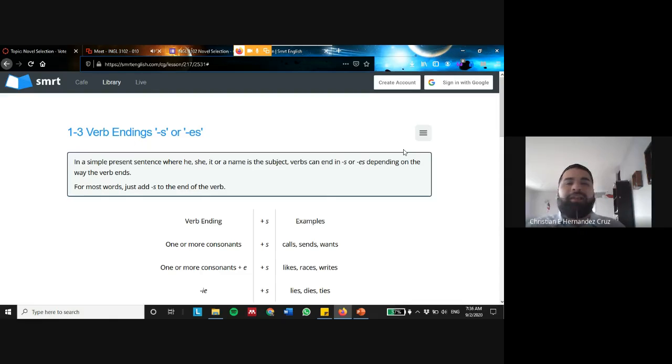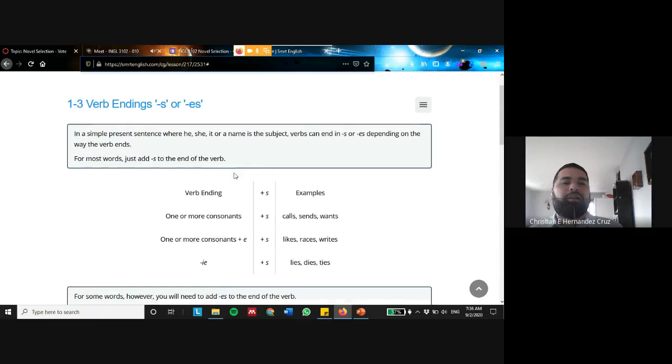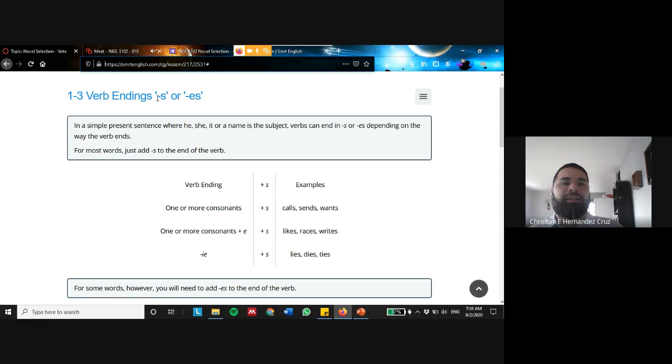Most verbs just have the S. There's not a specific rule in which you can tell whether or not to add the S. There are a couple of hints. For example, you can add S to the end of the verb when it has one or more consonants, such as calls, which has two L's, sends, which is N-D, also two consonants, wants, also has two consonants here.